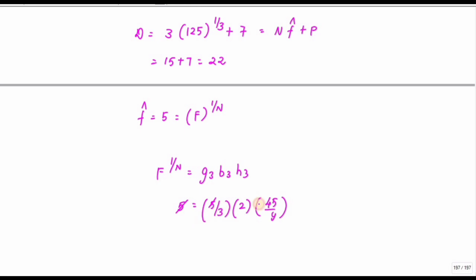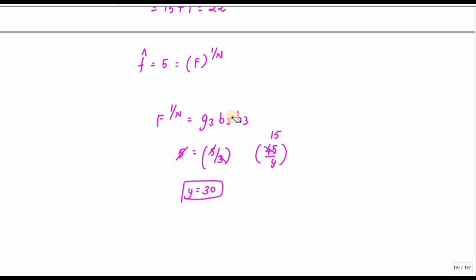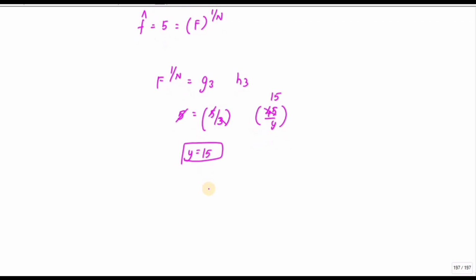So if we solve, that is 15 and the Y value is 30. So to consider this one, you should not consider B3. Okay. So that is the case, that is 15. Okay.